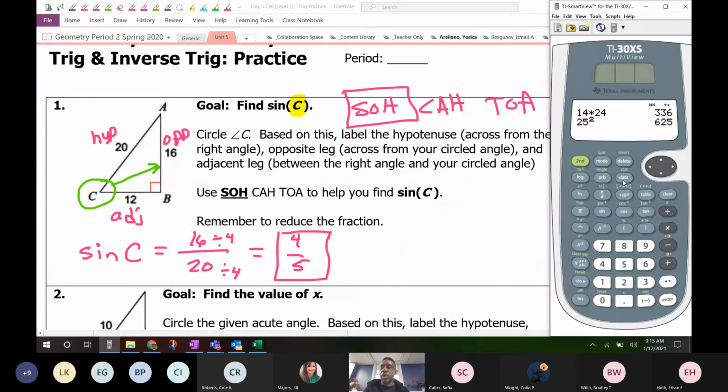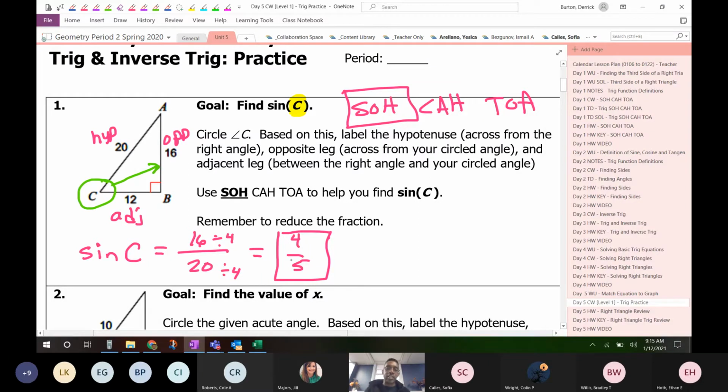And use a calculator. Don't forget, calculators will reduce for you. If you just go 16 over 20, boom, 4/5. All right, so that's it. This is the sine of C right there.